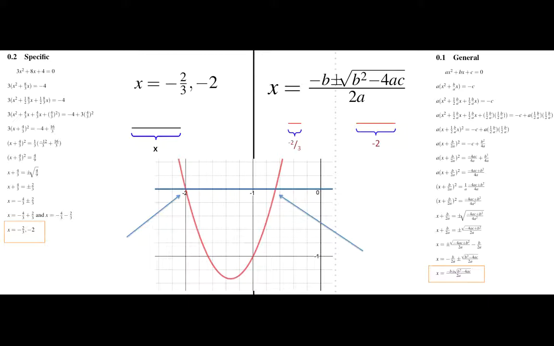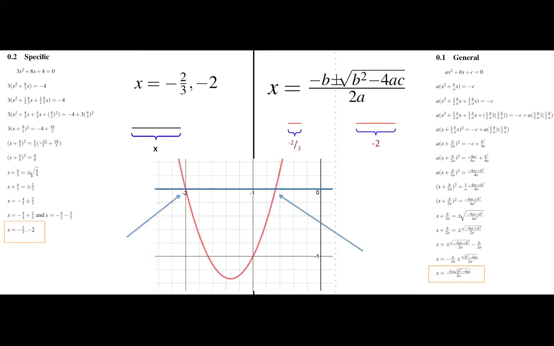And then the horizontal blue line, that's y equals 0. And where those intersect, where they're equal to each other, are at -2 and -2/3, where we're pointing with the arrows. So those are a few different representations of how we can use completing the square to solve, and how that completing the square leads us to the quadratic formula.